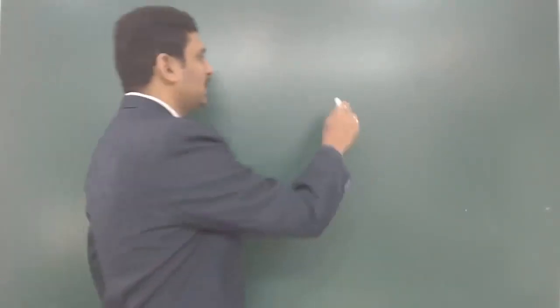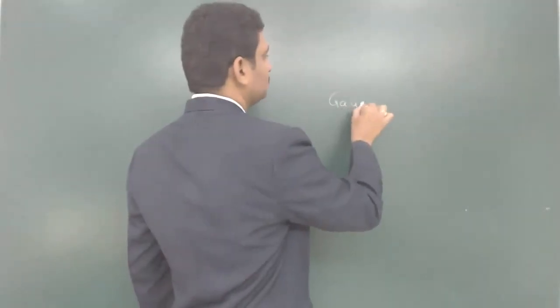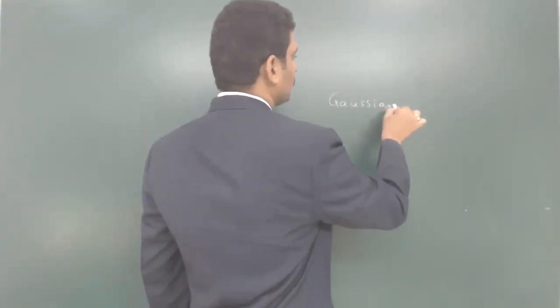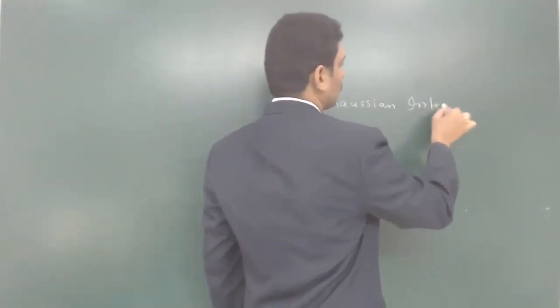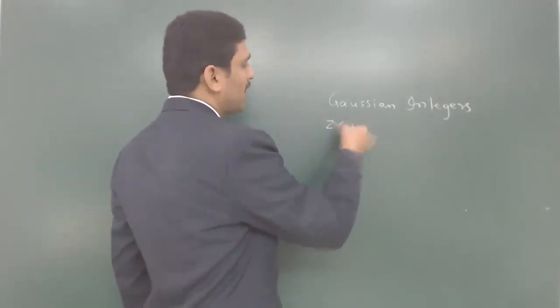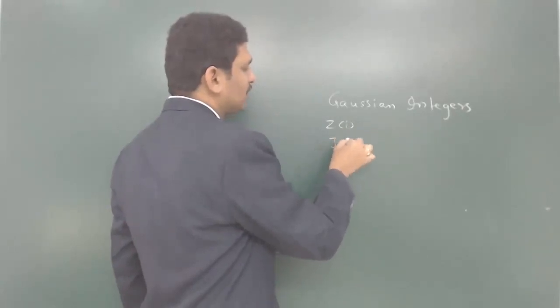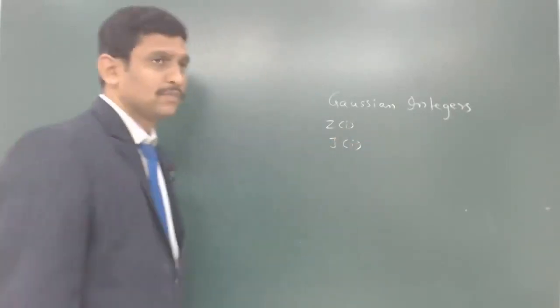So here we define a new set. We call it Gaussian integers. We denote it with the symbol Z of i, and some others denote it with the symbol J of i.